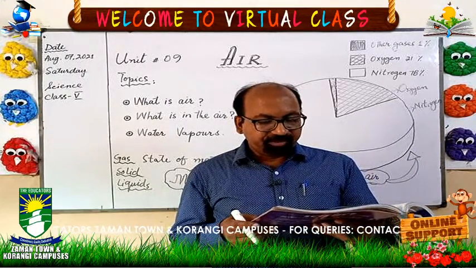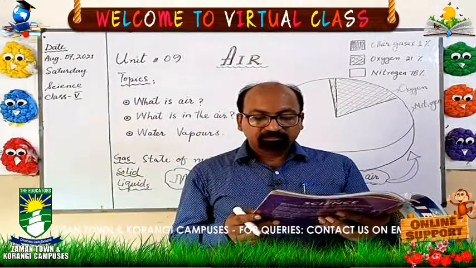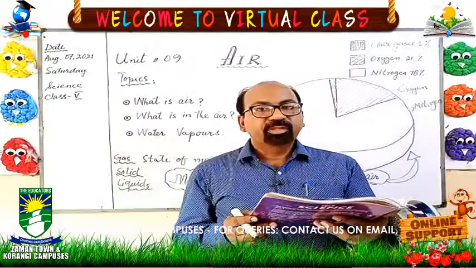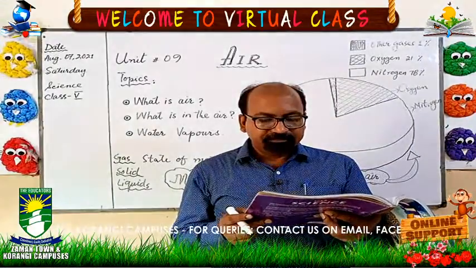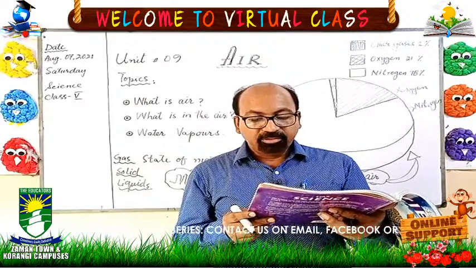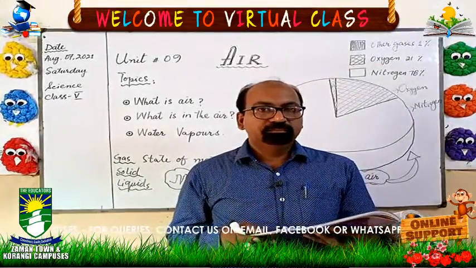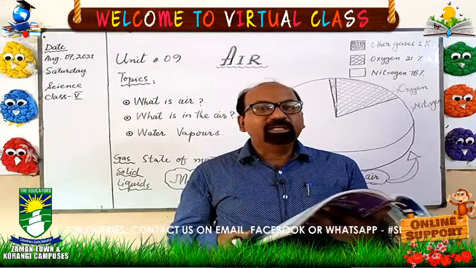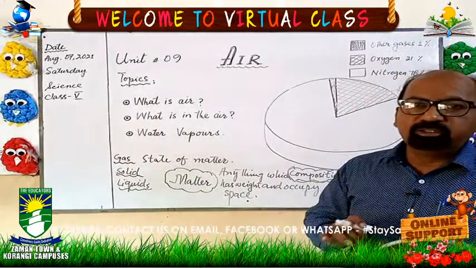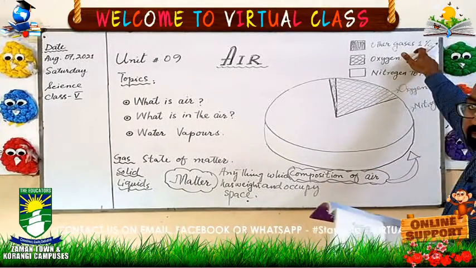The other gases that form 1% of air are argon, methane, carbon dioxide, hydrogen, neon, krypton, helium, and ozone. The percentage of all these gases together is 1%.